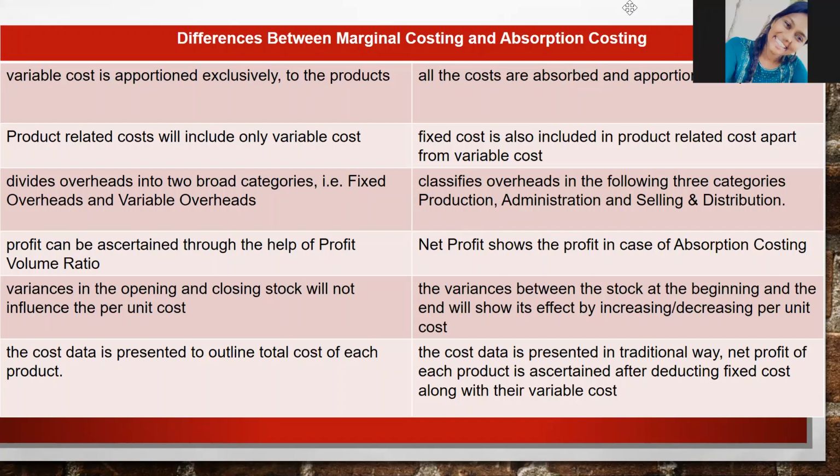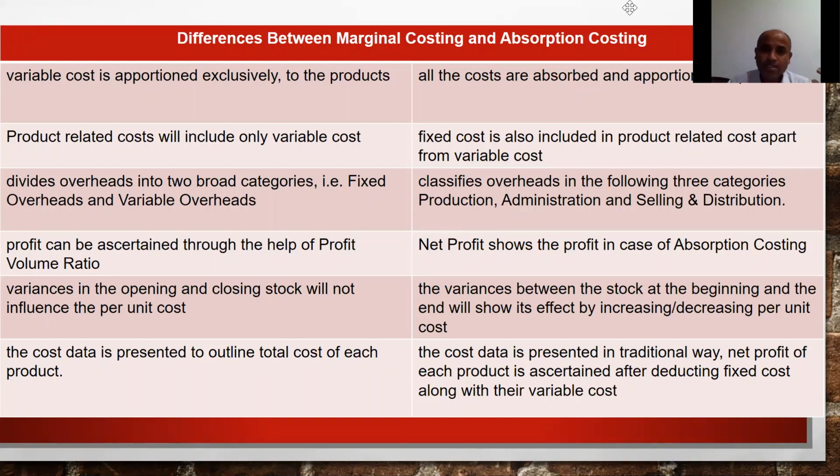So variable cost is product cost. Exactly. Variable cost is the product cost. So product related cost means it is like variable cost because it is becoming part of the product. Whereas fixed cost is called a period cost because once the period is over, see, this month rent is over, so next month rent again it will come.